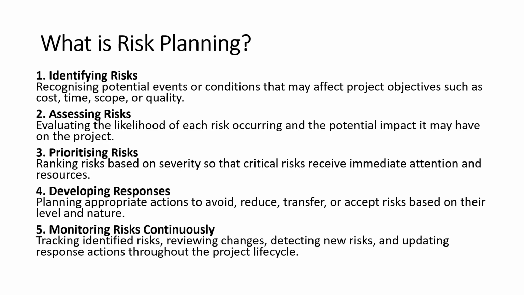The fourth step is developing responses. Here, the project team plans appropriate actions to manage the risk. This may involve avoiding a risk, reducing its impact, transferring it, or accepting it with a contingency plan in place.